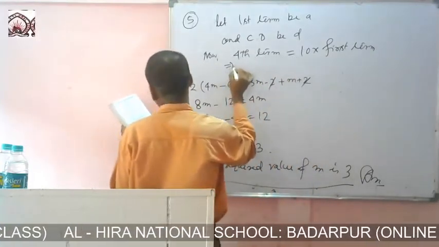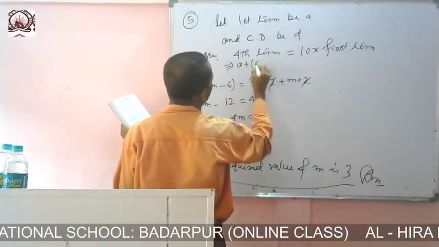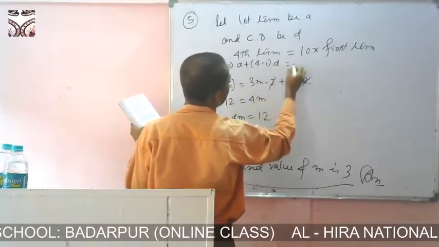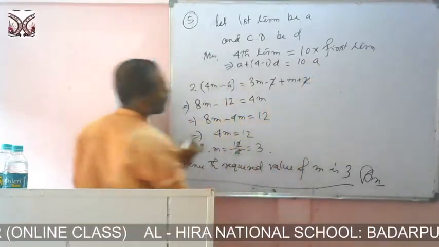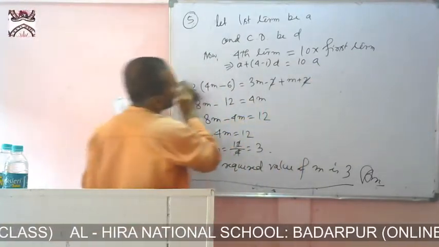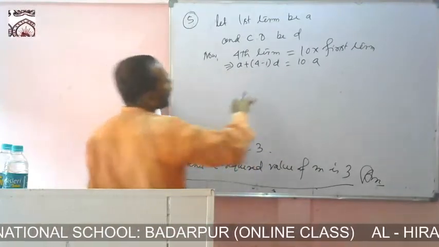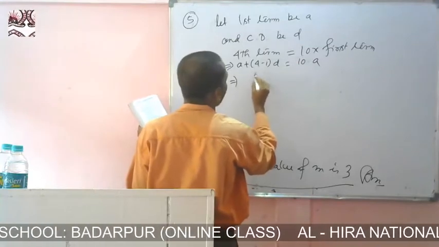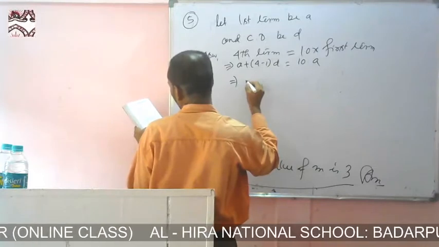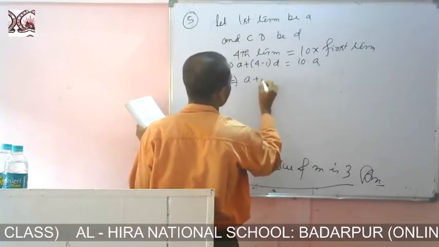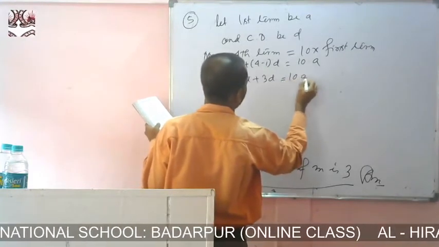So the fourth term we are writing: A plus 4 minus 1 into D is equal to 10 into the first term, which is A. So A plus 3D is equal to 10A.